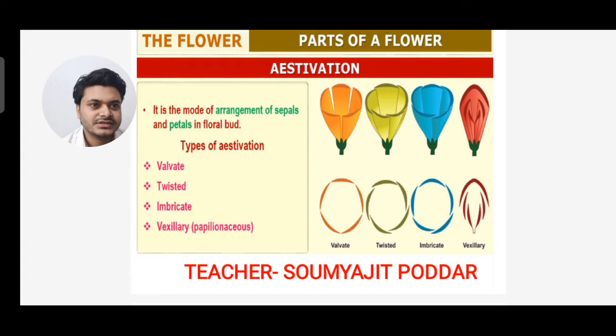In imbricate, three petals are present in a twisted fashion, and one petal is inside, another petal is outside. And in vexillary, the outermost is the bigger petal, then two inner, followed by two innermost.